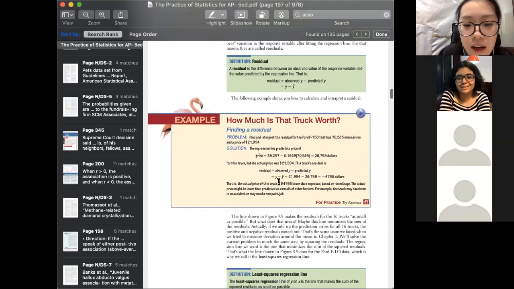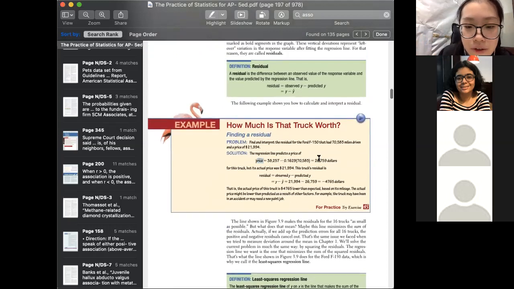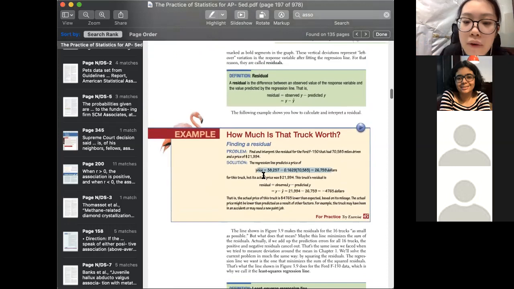So how can we get the predicted value? If you can find the slope, you can know the intercept of the predicted line. Now you want to predict, for example, when the Maya has 70,583.